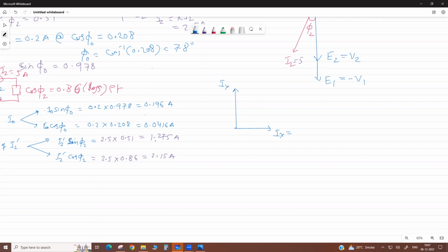So we add the sine terms, these two. Along y we have 0.196 plus 1.275, so it comes to 1.47.